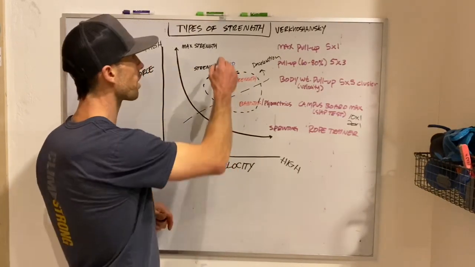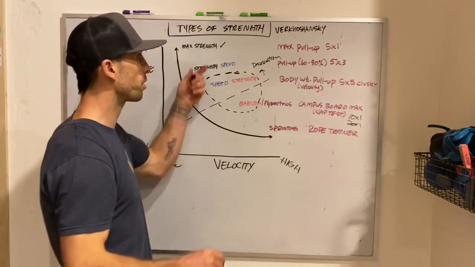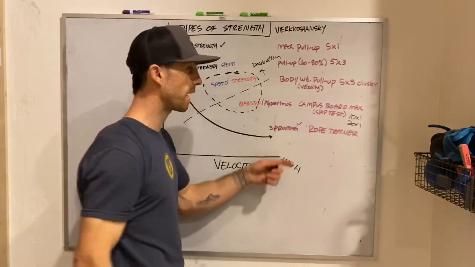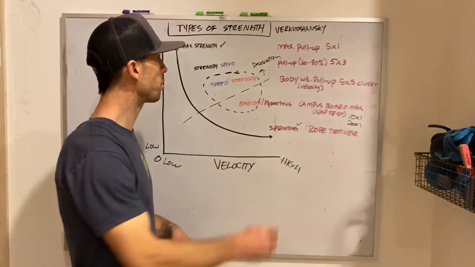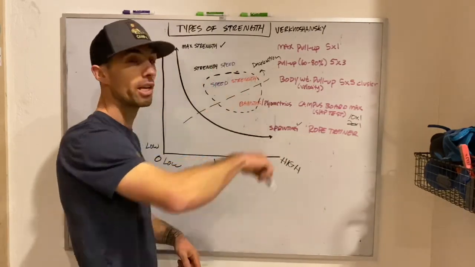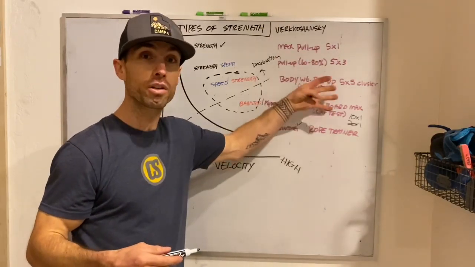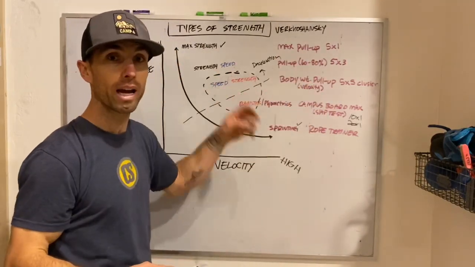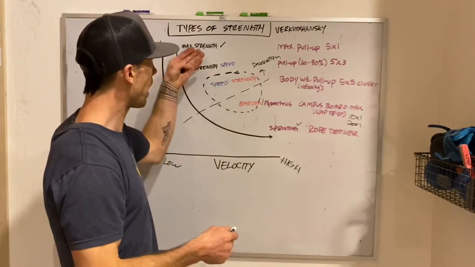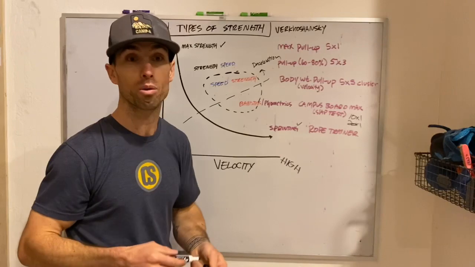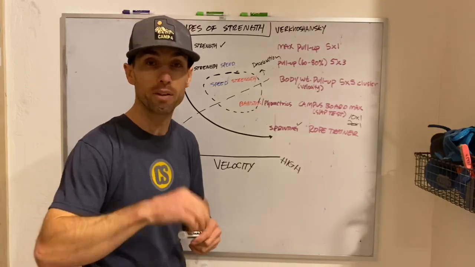We can't just train this because we're going to move really slow, and we can't train this because we're not going to produce a lot of force. So we want to have this full continuum of strengths and velocities or speeds to perform our work and target very specifically with our athletes.